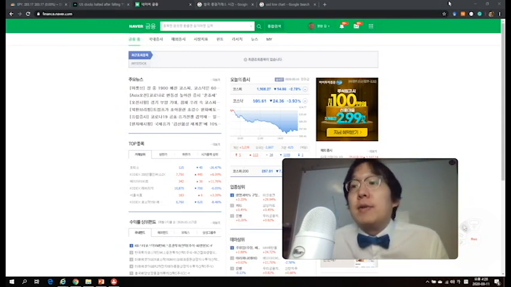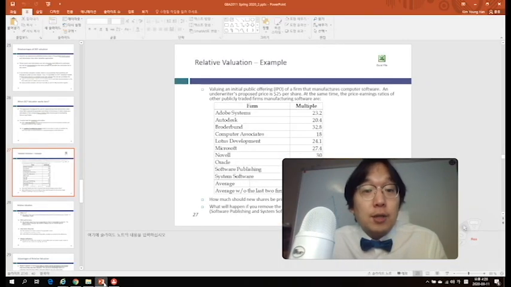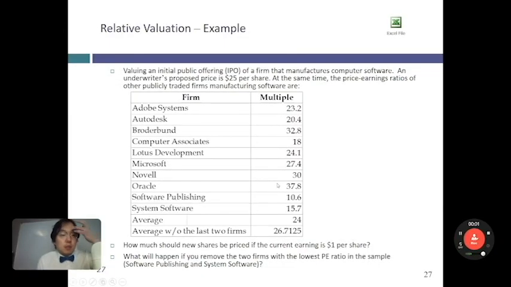Okay, so having said that, we are now ready to go to relative valuation. What is this? In DCF valuation, you have to worry about two things, right? Cash flow and risk, right? These two fundamental elements, that was pretty much it. Relative valuation, what is this about?